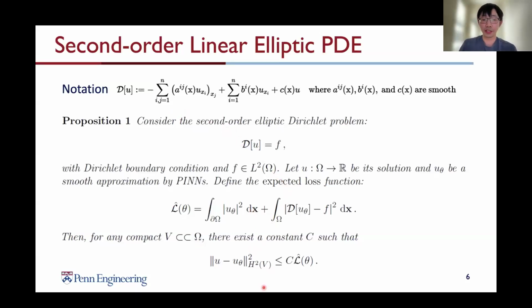Another thing is that this inequality only holds locally, in the sense that it holds for any compact set V in the domain omega. Basically, this is an interior estimate of the PINNs. And unfortunately, we cannot give a global estimate. The reason is because we lose some regularity due to the boundary condition loss.